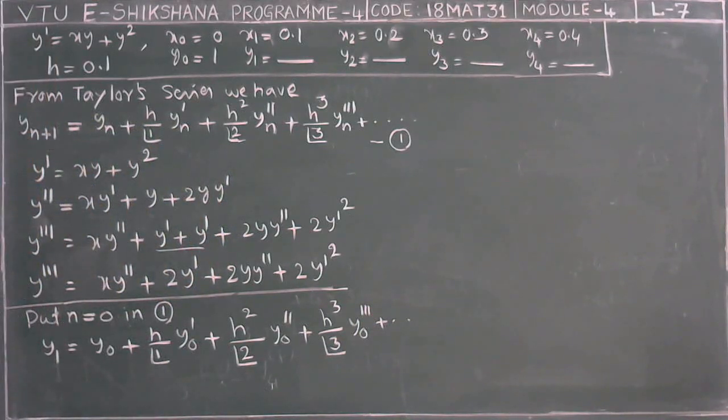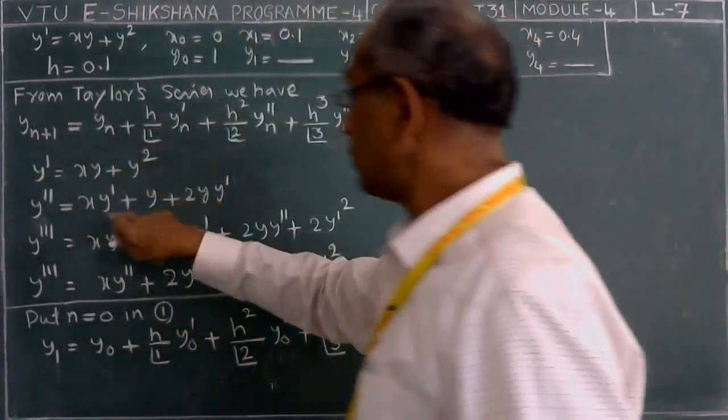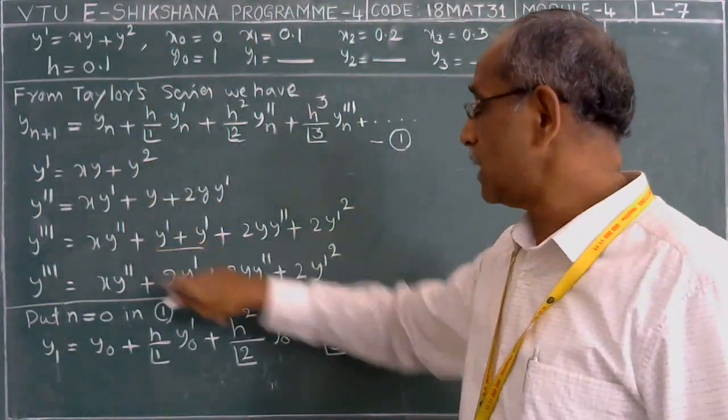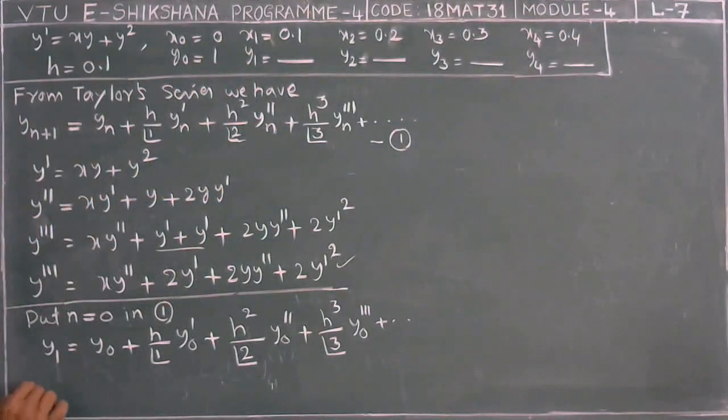So what is y0 dash? Let me substitute for y0 is 1, but what about y0 dash? So y0 dash you can obtain from this relation, y0 double dash from this relation, y0 triple dash from this relation.